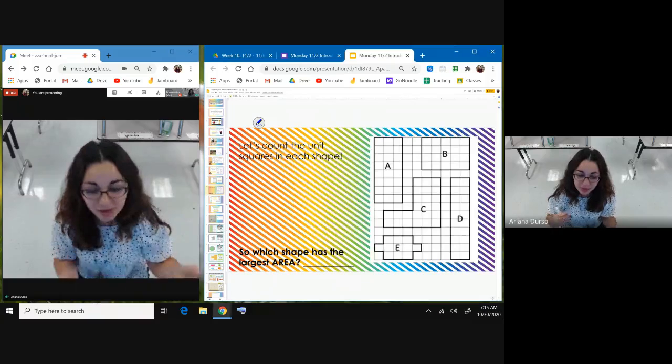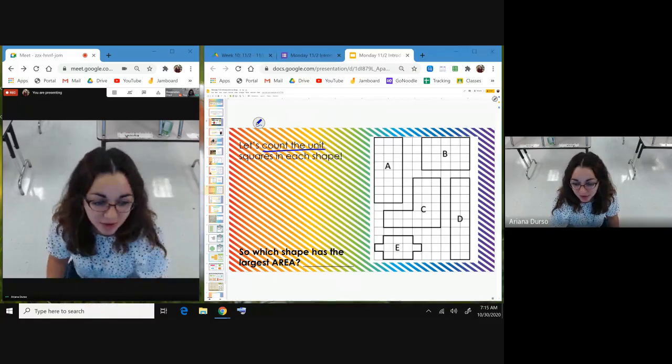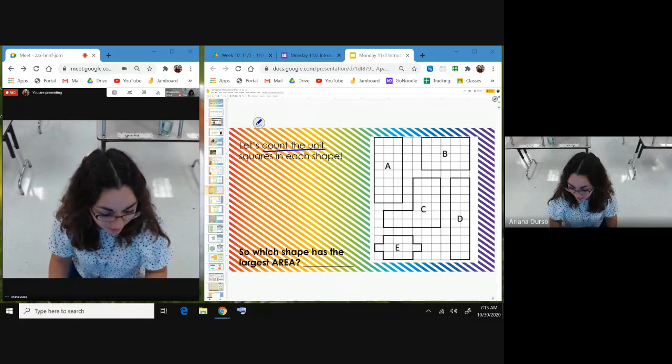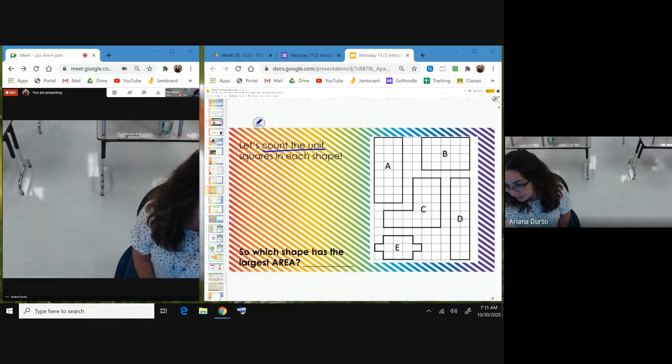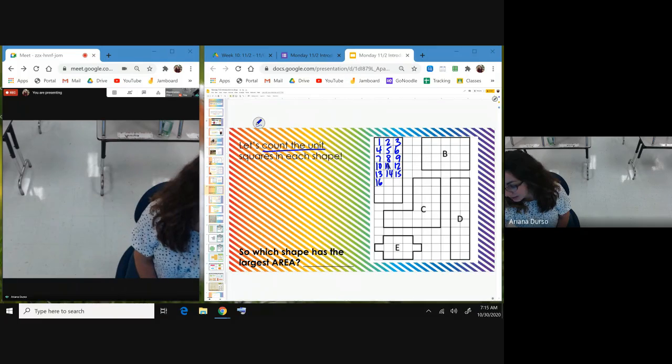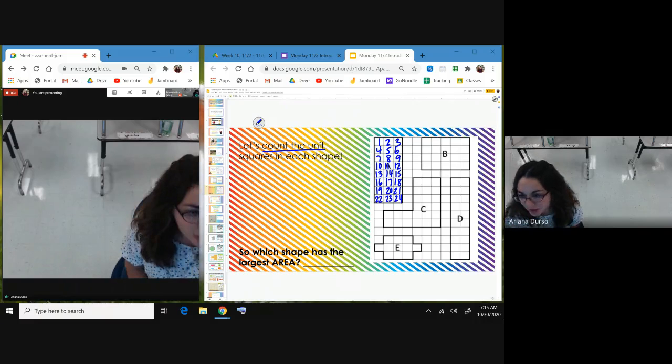Now let's compare these shapes and count unit squares inside each shape to see which shape has the largest area. Let's look at shape A. Count with me. 1, 2, 3, 4, 5, 6, 7, 8, 9, 10, 11, 12, 13, 14, 15, 16, 17, 18, 19, 20, 21, 22, 23, 24.